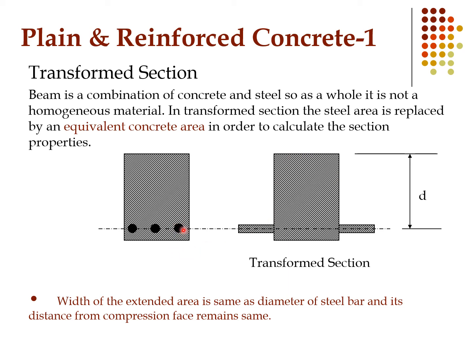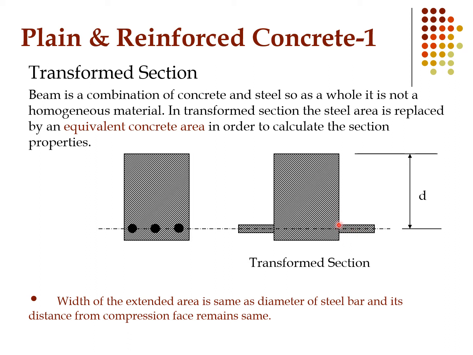So if the steel rebars are replaced with equivalent concrete area, that particular type of section we call a transformed section. The width of the extended area is the same as the diameter of the steel rebar, and its distance from the compression face remains the same.